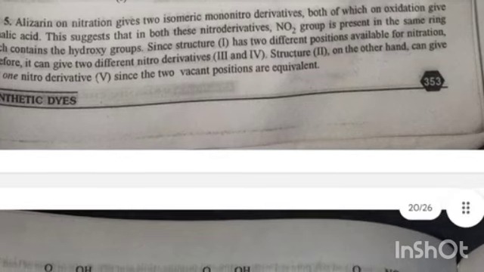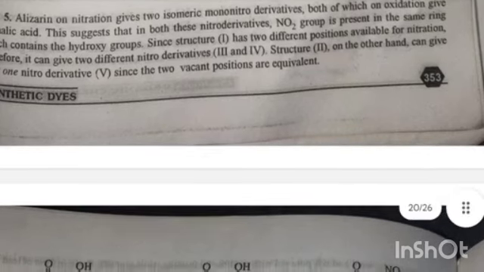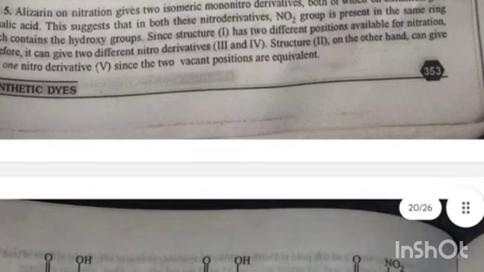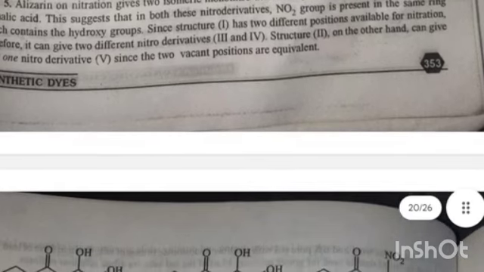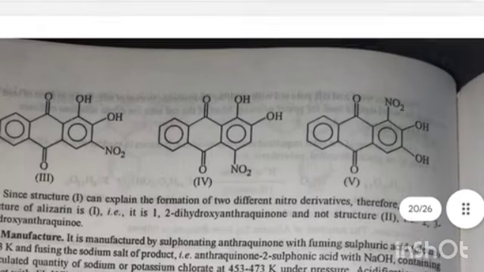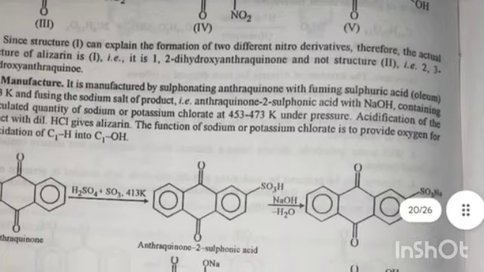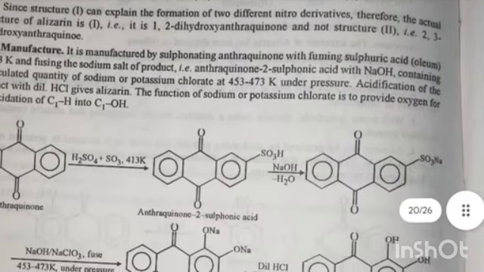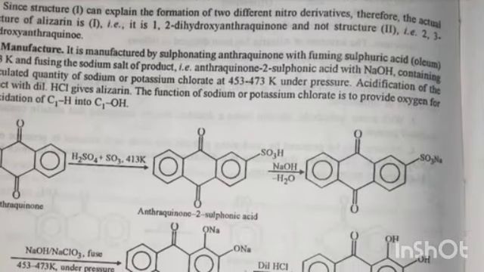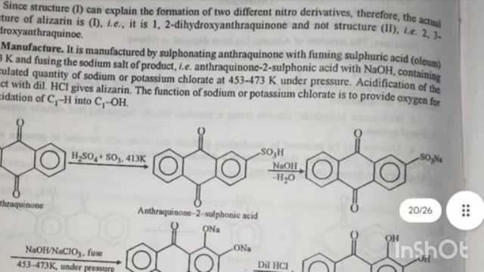Therefore, it can give two different nitro derivatives. Structure 2, on the other hand, can give only one nitro derivative, since the two vacant positions are equivalent. Since structure 1 can explain the formation of two different nitro derivatives, the actual structure of alizarin is 1,2-dihydroxyanthraquinone, and not structure 2, that is 2,3-dihydroxyanthraquinone.